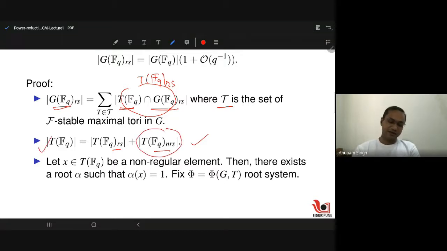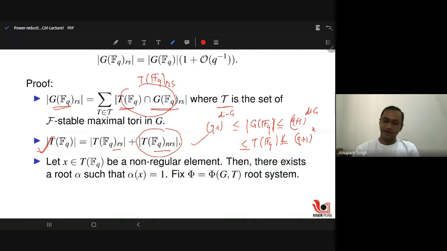I can estimate the size of T(F_q) using the Steinberg formula, which says the size of G(F_q) is q to the power of the dimension of G, times a product of factors of the form (q minus 1) and (q plus 1). This can be applied to any reductive group, so it can be applied to a maximal torus also. It will turn out that |T(F_q)| is roughly (q plus 1) to the power r or (q minus 1) to the power r, where r is the rank of the group G. So T(F_q) is of order q to the power r.